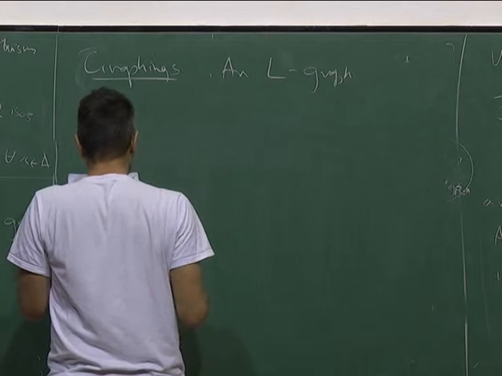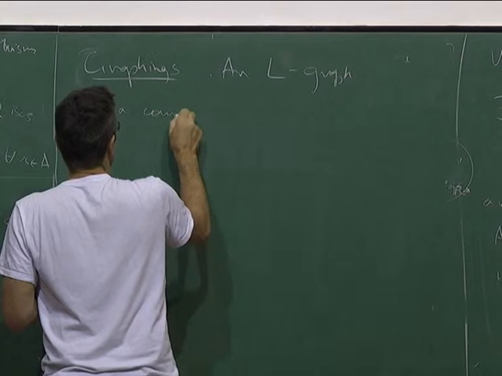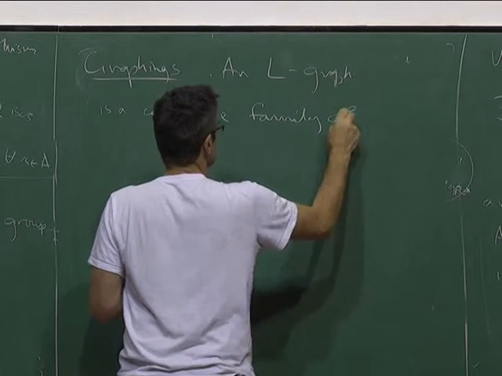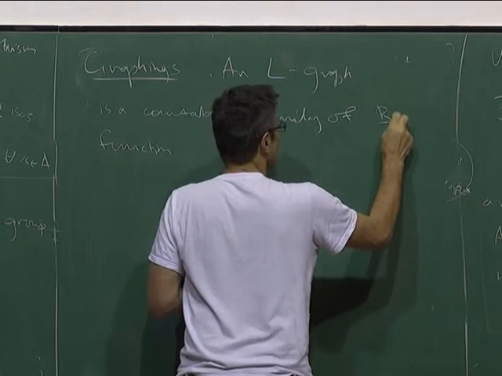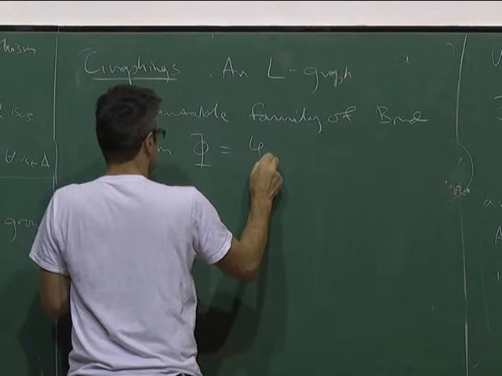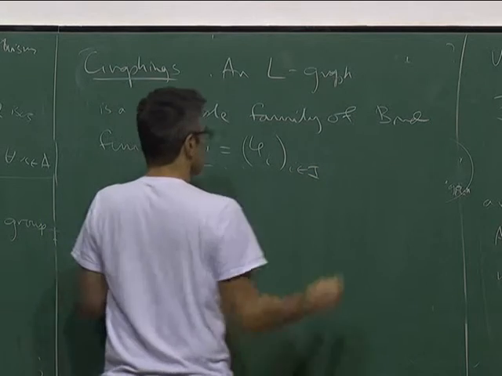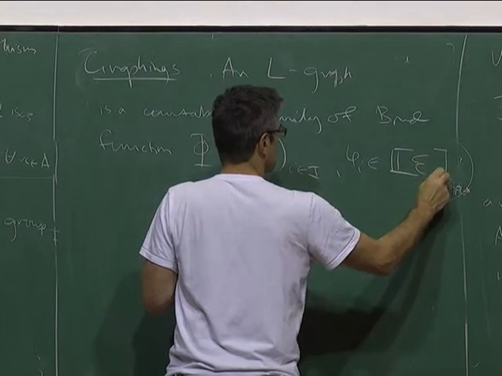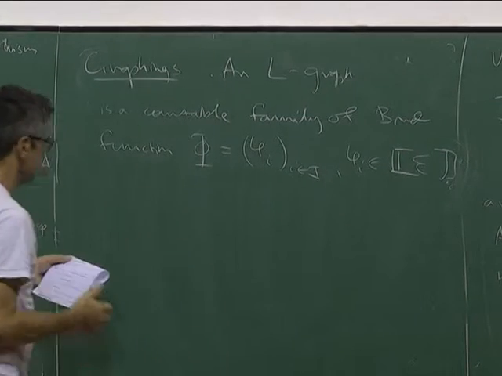L stands for Leavitt. Everything's a Borel function here. And these have to be some of these local Borel isomorphisms.